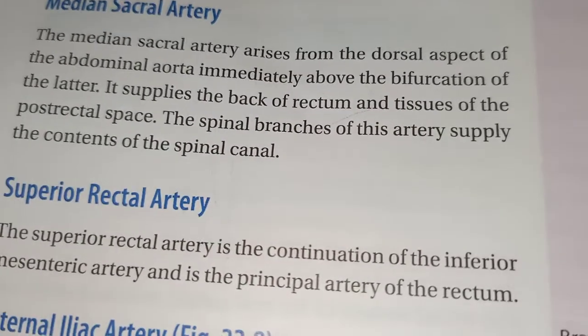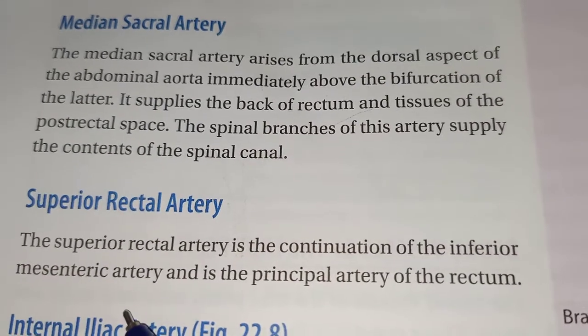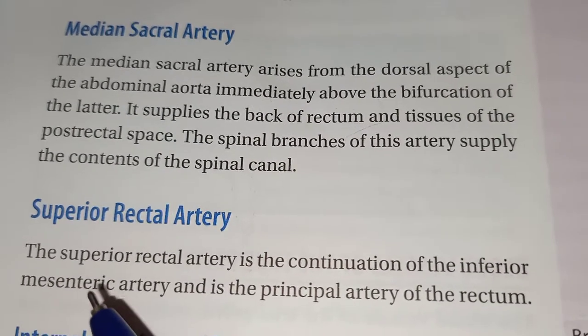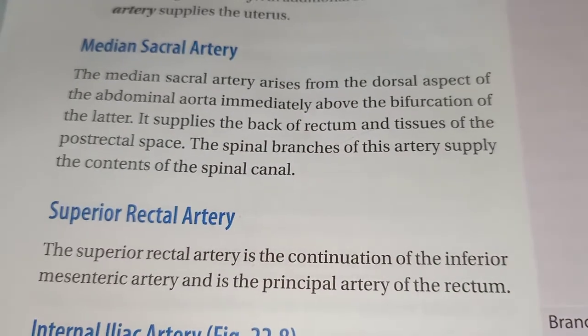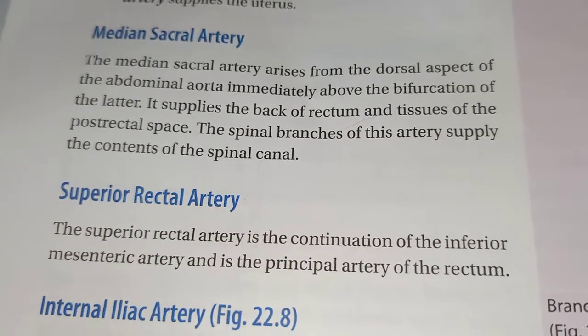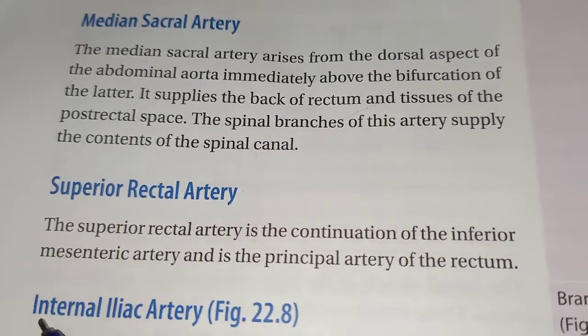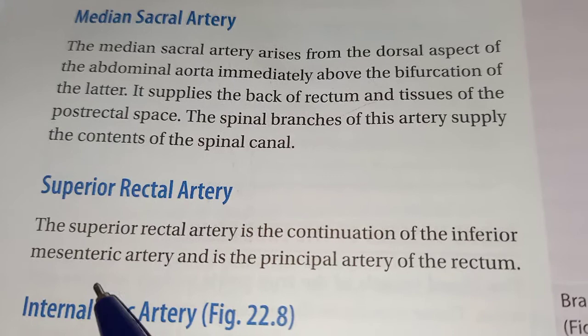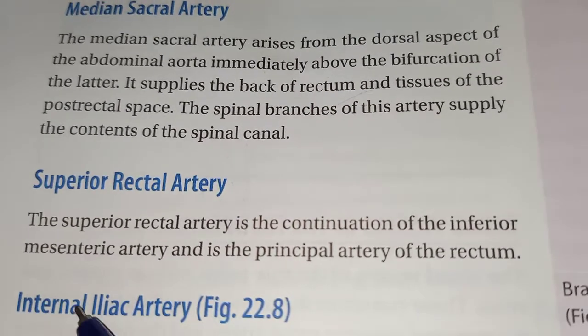Now if you remember, the inferior mesenteric artery is one of the unpaired ventral branches of the abdominal aorta, and this was at the level of the body of L3.